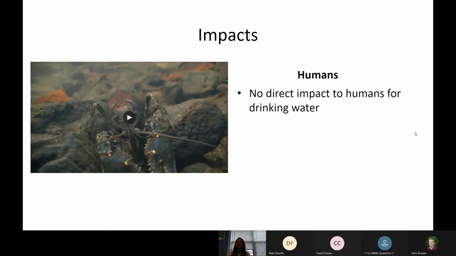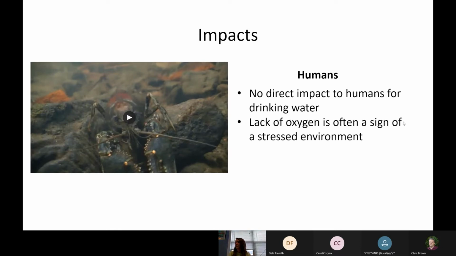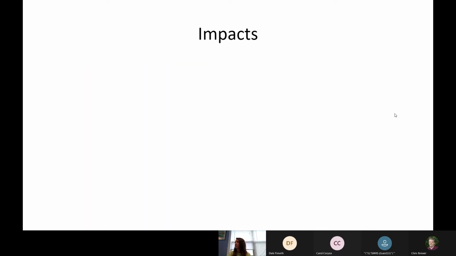As humans, we don't really have a direct impact. It's not going to harm our drinking water, but it does harm some of the things that aquatic life need. Not seeing a lot of oxygen is often a sign that something might be wrong with that body of water.